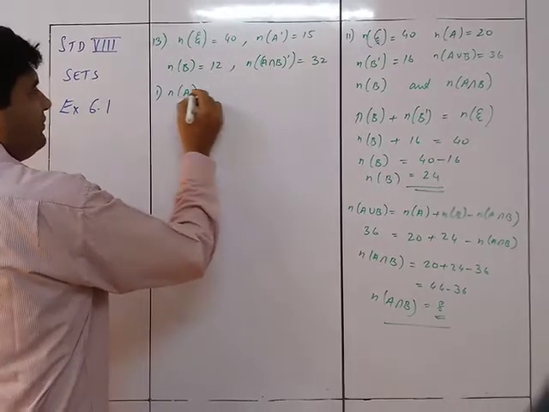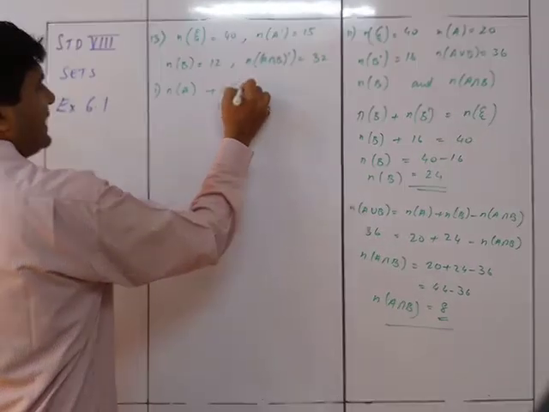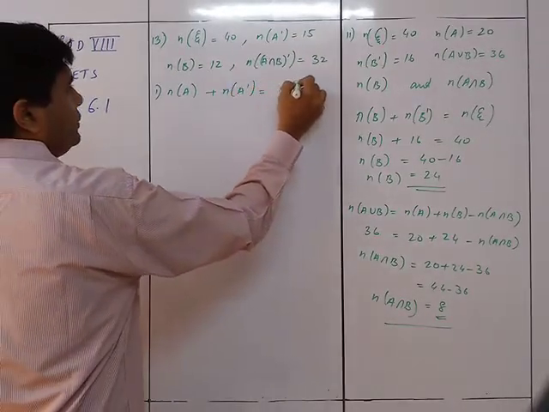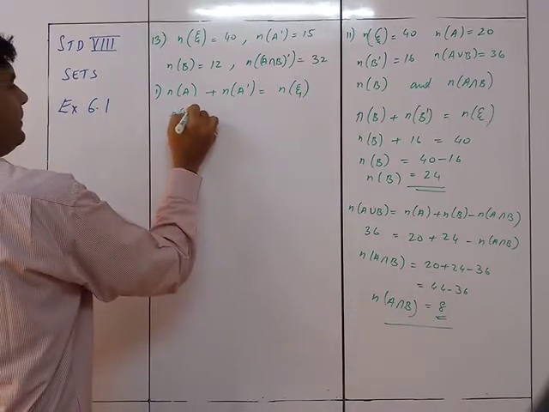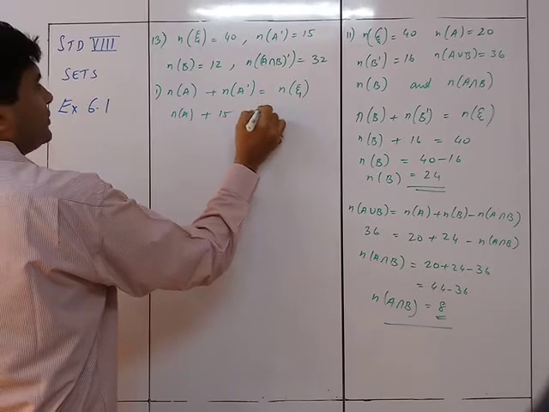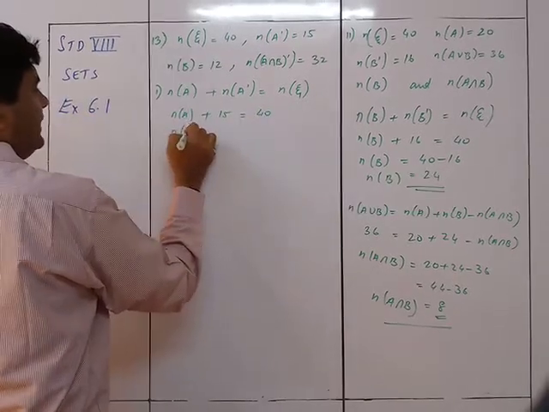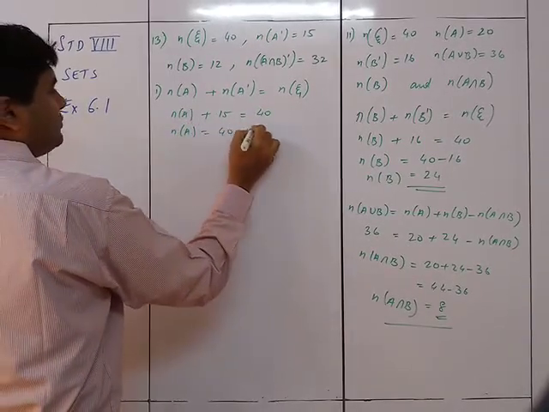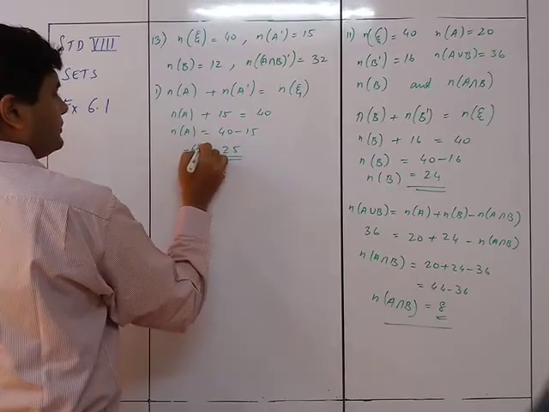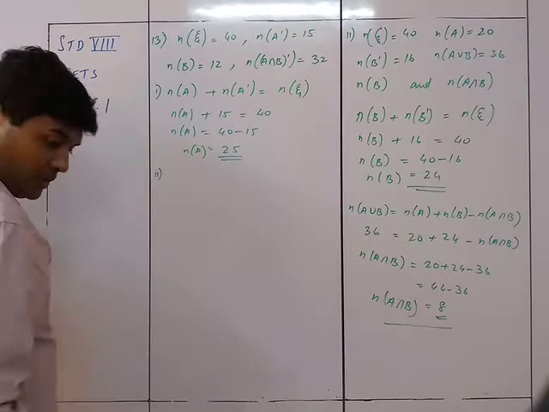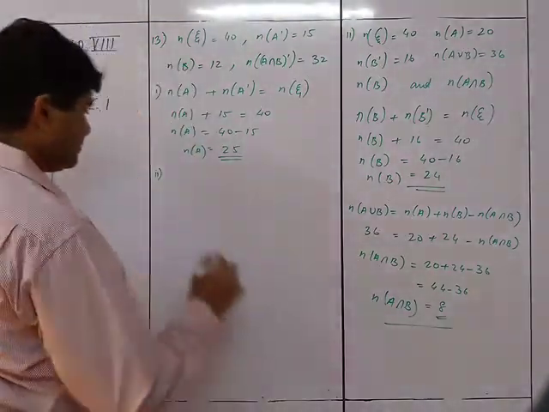For n(A), we know that n(A) plus n(A dash) is equal to n of the universal set. So n(A) plus 15 is equal to 40. So n(A) is equal to 40 minus 15, which is 25. The next is n(B dash).